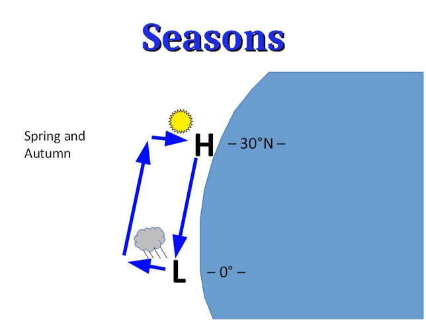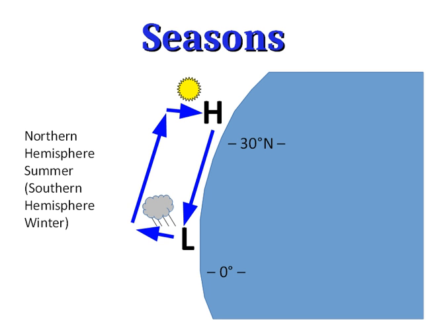If we focus back in on our zone between 30 north and the equator, the diagram that we were looking at before essentially describes the conditions during spring and autumn. So the low pressure zone is located right at the equator, the high pressure zone is located right at 30 north. However, when it's summer in the northern hemisphere, winter in the southern hemisphere, all those zones are going to shift somewhat northward.